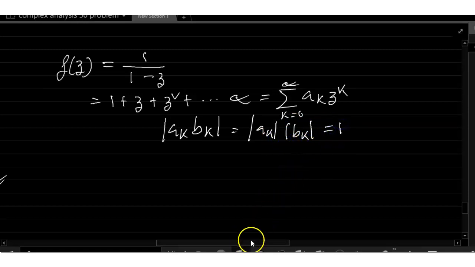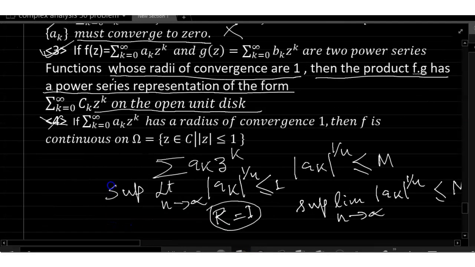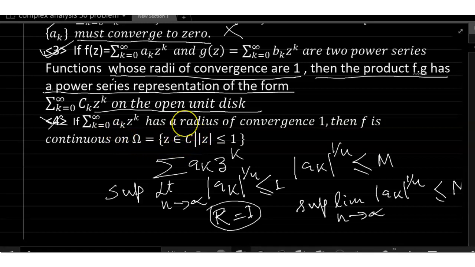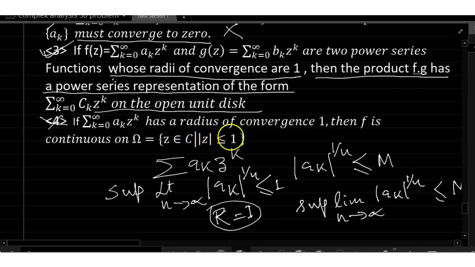So I can prove this option is correct. And number 4, the radius of convergence is 1, then f is continuous on this; this option I have told is wrong. Now the question ends, you see that mod k is less than or equal to 1.